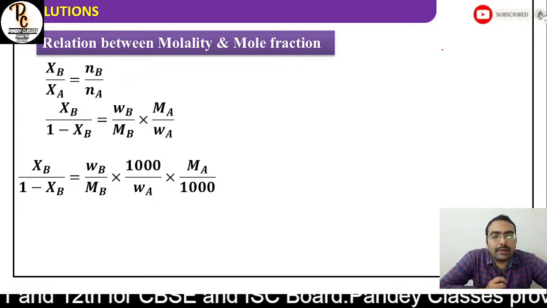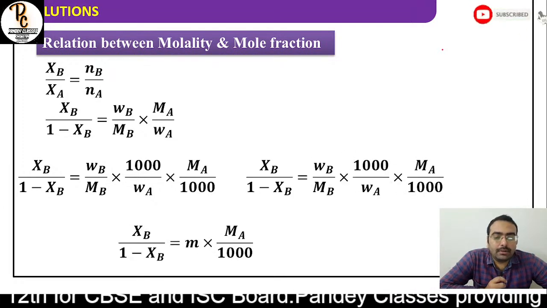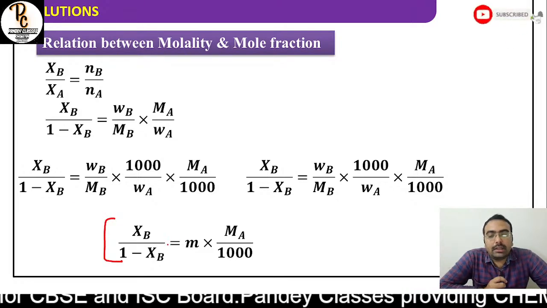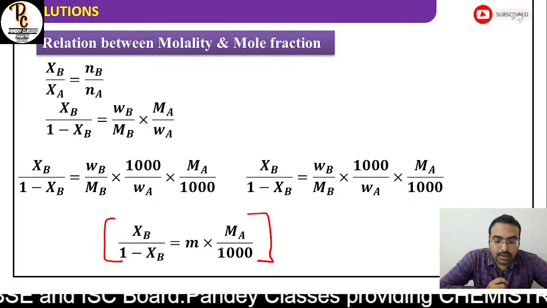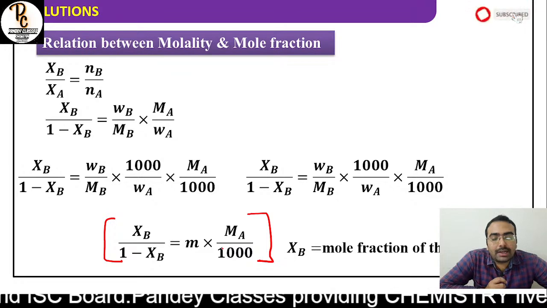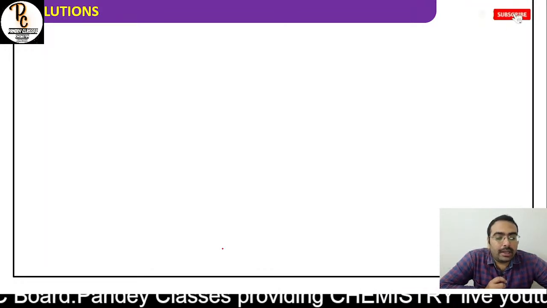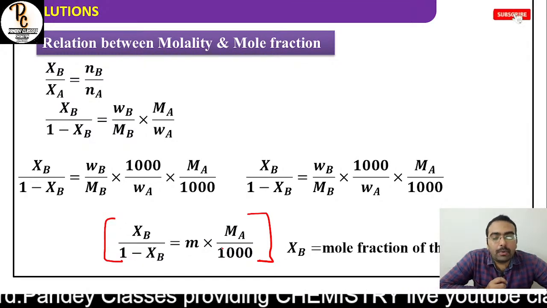So basically what we have to do is calculate molality and mole fraction. If you can remember, then it's well and good. Otherwise just go for the derivation. So chi b upon 1 minus chi b equals molality into Ma, where Ma is the molar mass upon 1000.